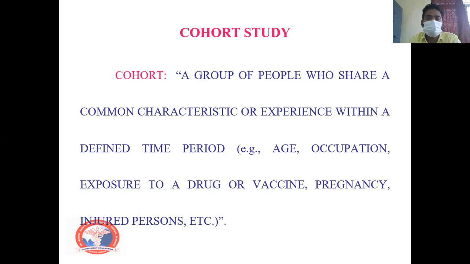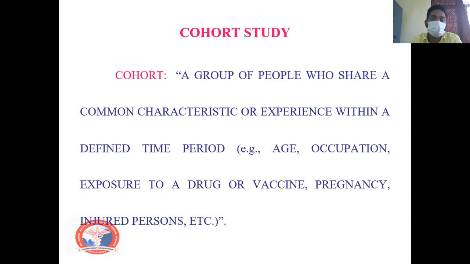Similarly, the students who got admitted in 2015 can be called the cohort of 2015, because all these students have the common characteristic of getting admission in 2015.